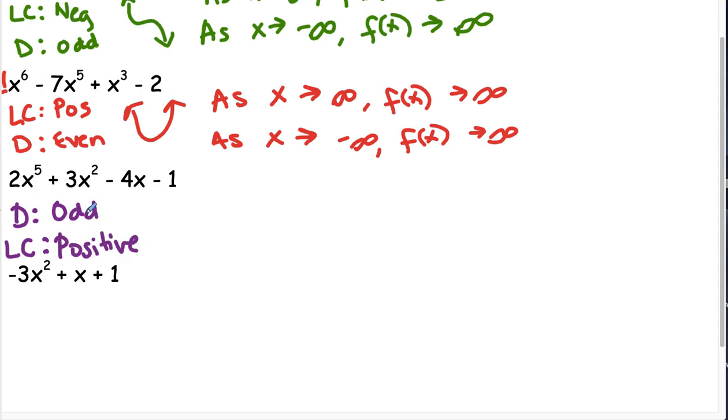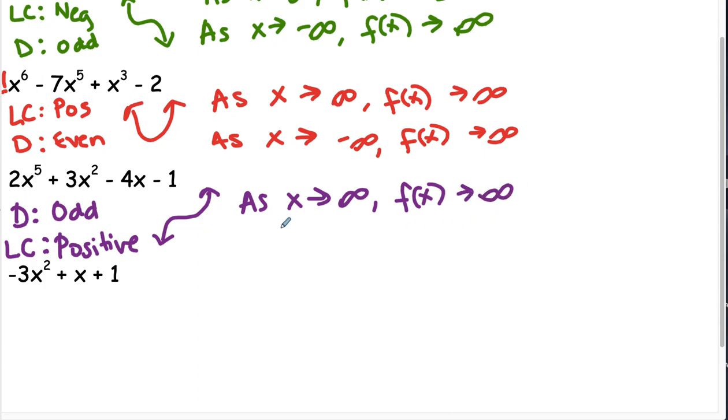Okay, so now I know that if it's odd, then my endpoints are going to be going in different directions, and I know if it's positive, then it's going to somewhat increase on the right side and then decrease on the left side, okay? So as x approaches the right side, positive infinity, f of x is going to increase.